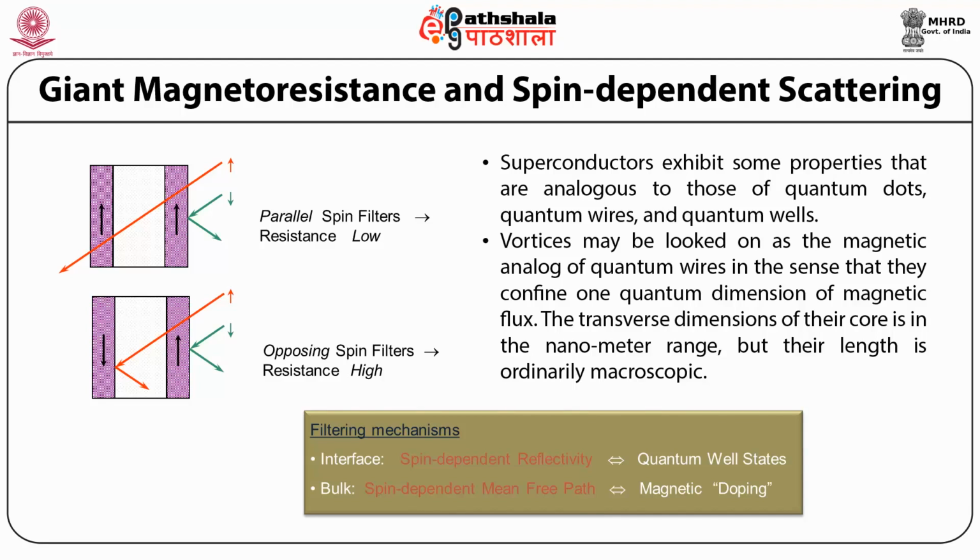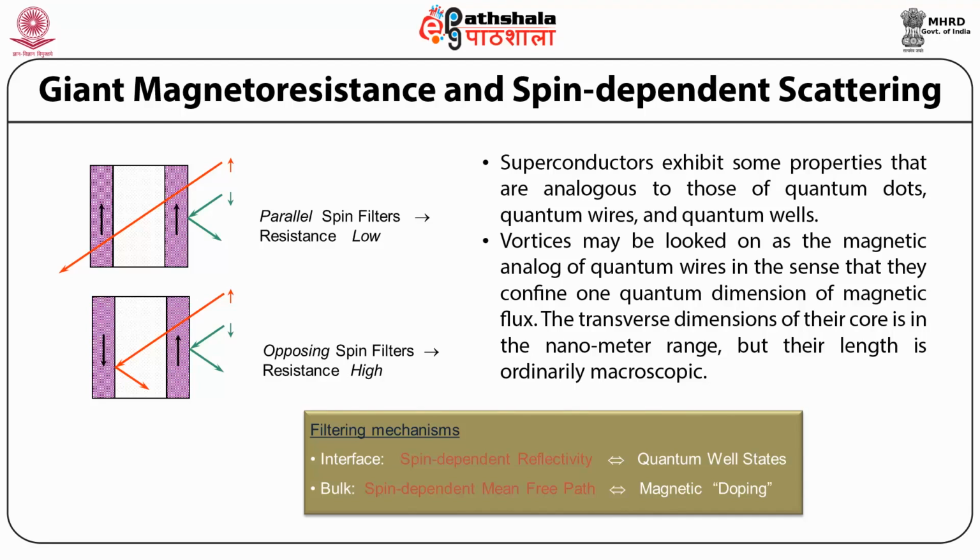Electric current can be passed through a magnetic superlattice in two ways. In the current in plane (CIP) geometry, the current flows along the layers and the electrodes are located on one side of the structure. In the current perpendicular to the plane (CPP) configuration, the current is passed perpendicular to the layers and the electrodes are located on different sides of the superlattice.